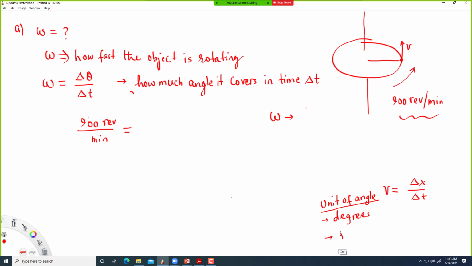Radians, exactly. So when you use degrees and when you use radians, that's very important. If you have a function like sine 30 degrees, cosine 30 degrees, you use degrees. But if you don't have these functions and you only have the angle, then use radians.